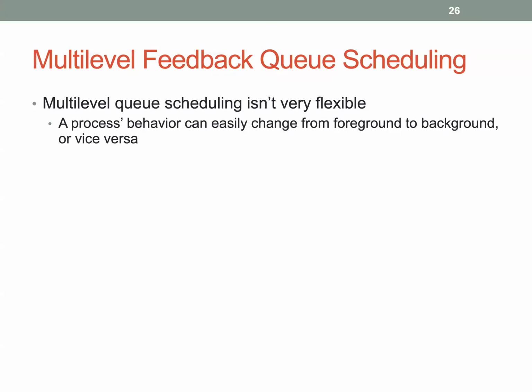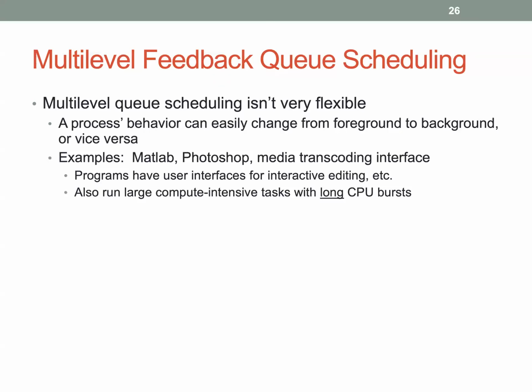Anyway, it is possible that a process's behavior changes, and really simple examples are all around, like MATLAB. I don't know how many of you use MATLAB for doing computations, but you're entering information for a while, so you are acting like an interactive process with short CPU bursts and long I/O bursts. And then you say, I want to start running this program.